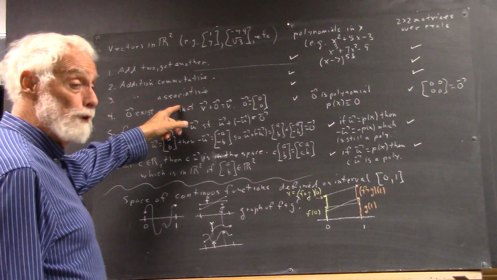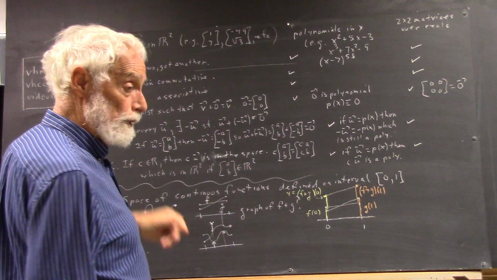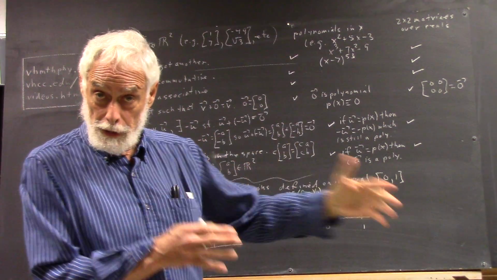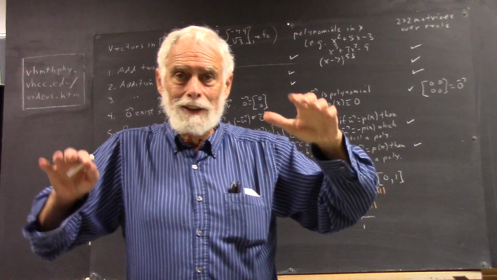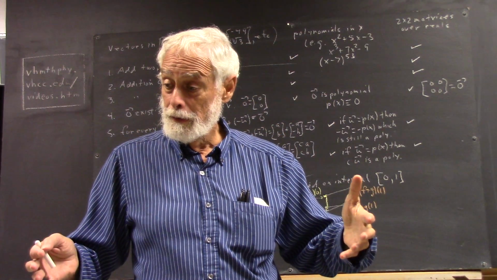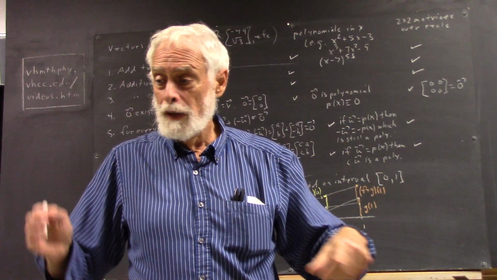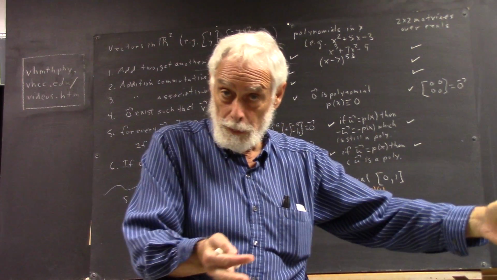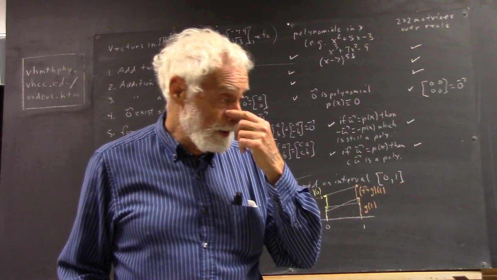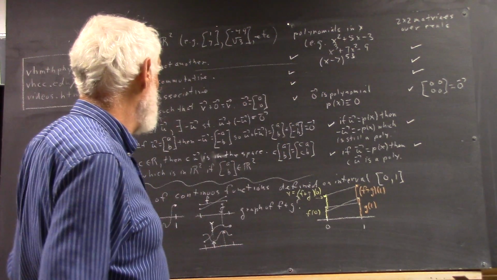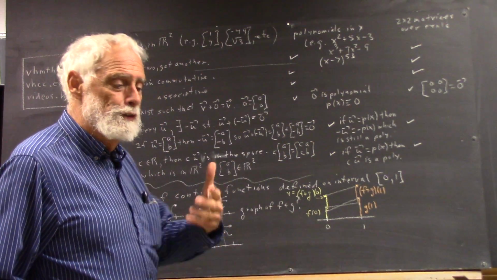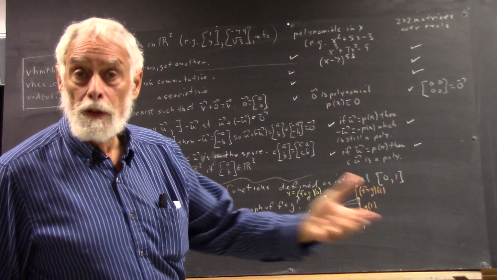What about associative? Well, if I've got three of these things, it doesn't matter which two I add first. If I add these two first and then that one, or if I do this one plus whatever I get when I add the last two. So that, again, is just a property inherited from the real numbers.